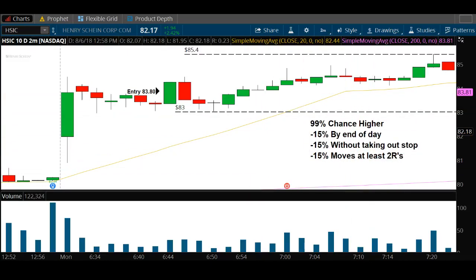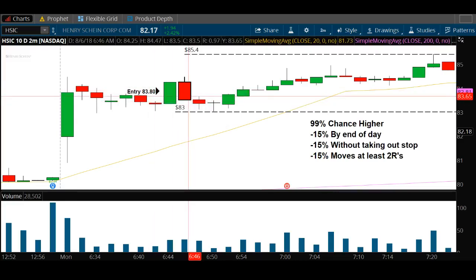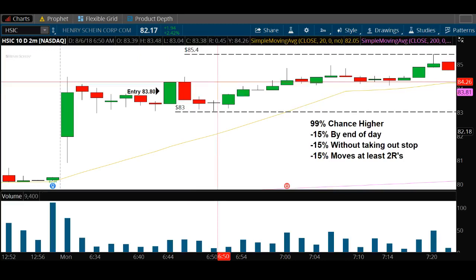So the point is that when we get these calls, every single one of these calls will have these conditions met. I just want to talk about these components, talk about why they're necessary, and just understand that trading is hard.